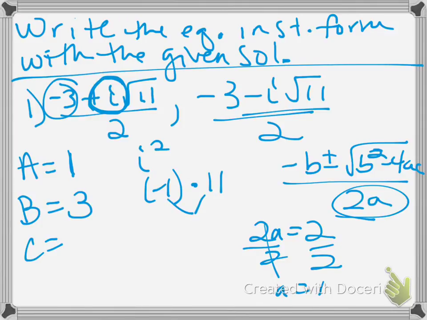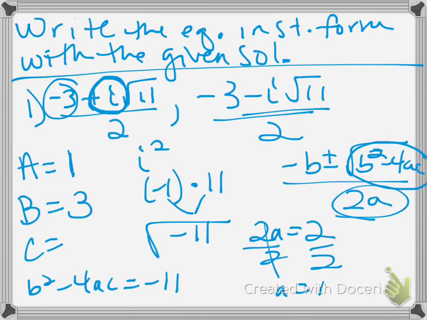So negative 1 times 11 is negative 11. So really what was in there was the square root of negative 11. Okay, so that means B squared minus 4AC has to end up equaling negative 11, because that's what I would have had inside of that.